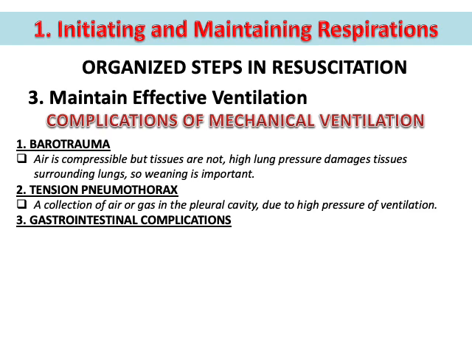But if there is already pneumothorax despite weaning, or if weaning is still impossible, tension pneumothorax can be corrected with the use of chest tubes. Third is GI complications. Peptic ulcer with hemorrhage can result from, again, high lung pressure.